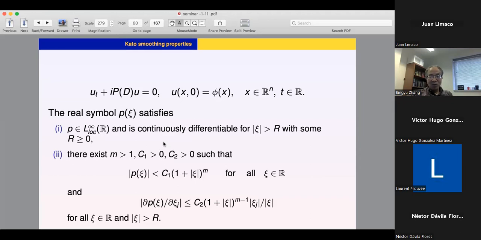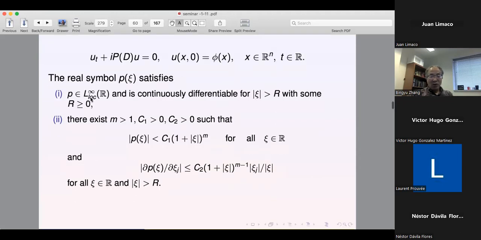Let's consider this one. All these assumptions basically mean this is a dispersive wave equation of order m.